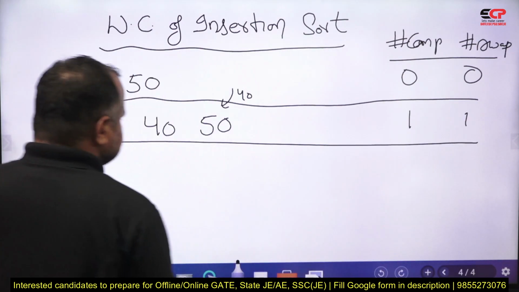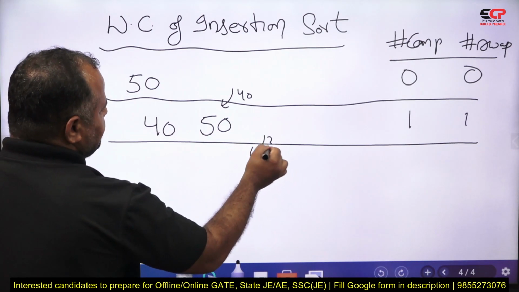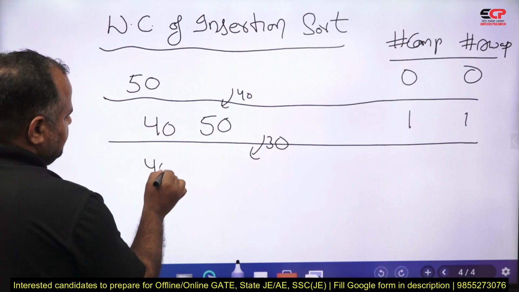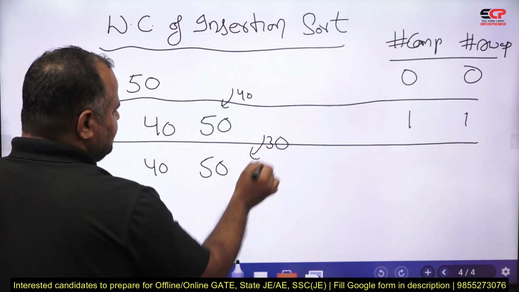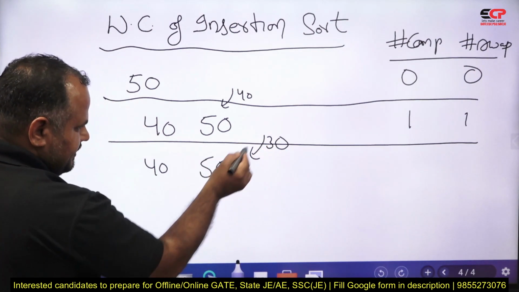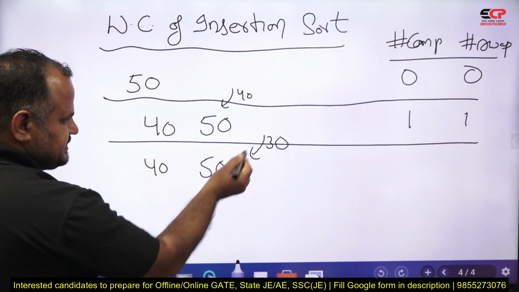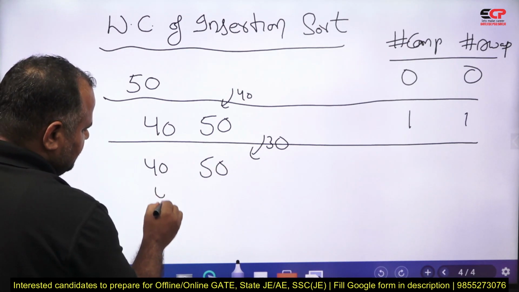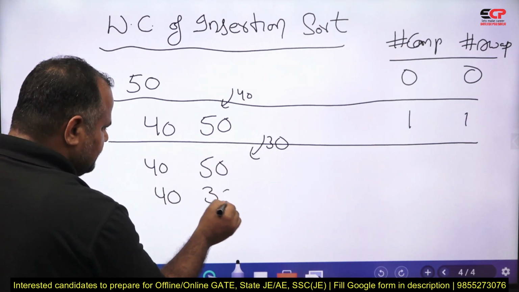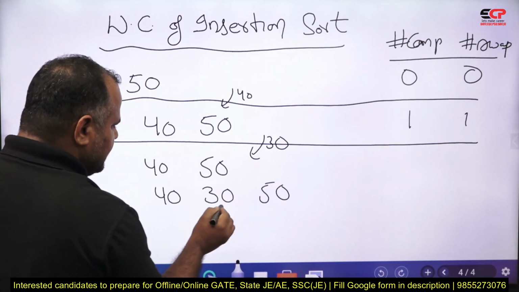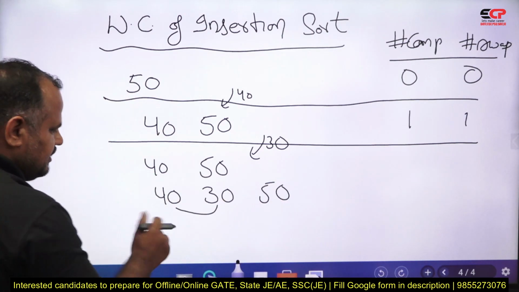In the next case, suppose element 30 came. So we have the input 40, 50, and if 30 came, first we compare 30 and 50. As 30 is smaller than 50, our intermediate result is 40, 30 and 50. Again we compare 30 and 40 and swap.